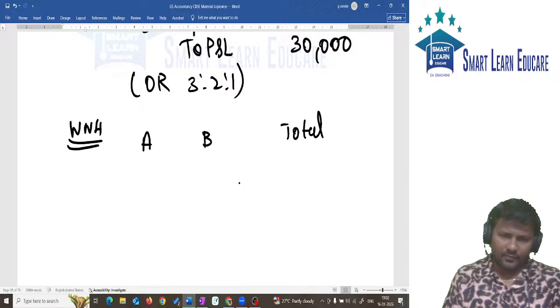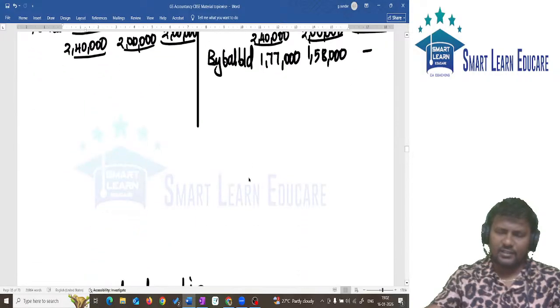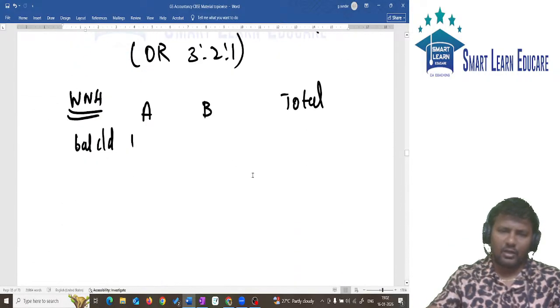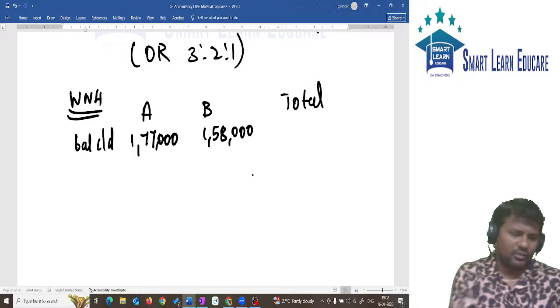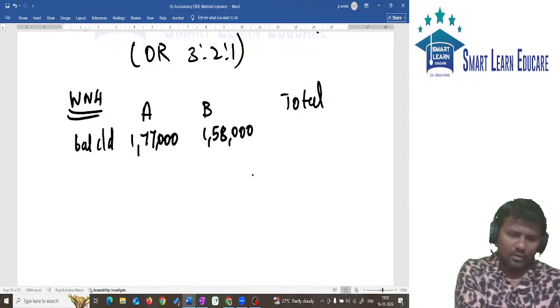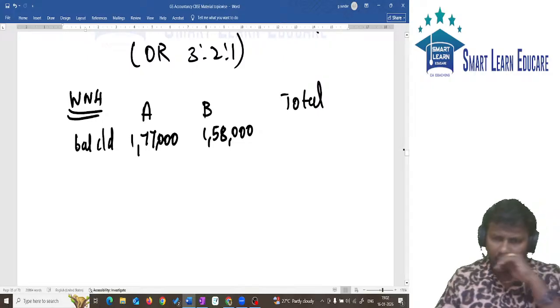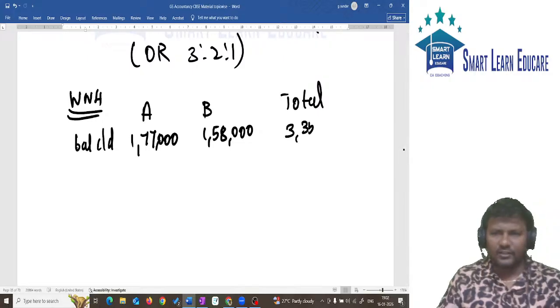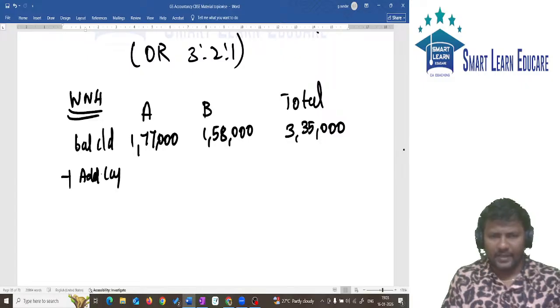What is the capital balance carried on now? 1 lakh 77,000 for partner A, and 1 lakh 58,000 for the second partner. Add these two numbers: 1 lakh 77,000 plus 1 lakh 58,000 will give you 3 lakh 35,000.